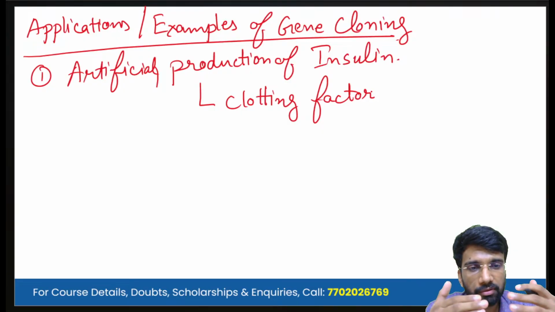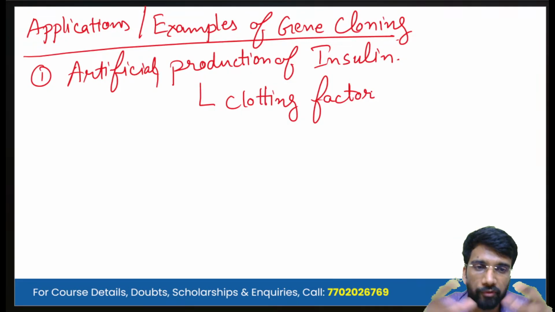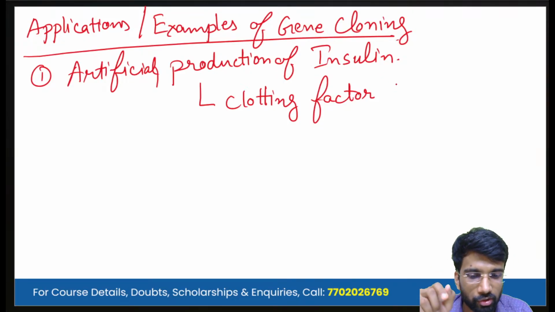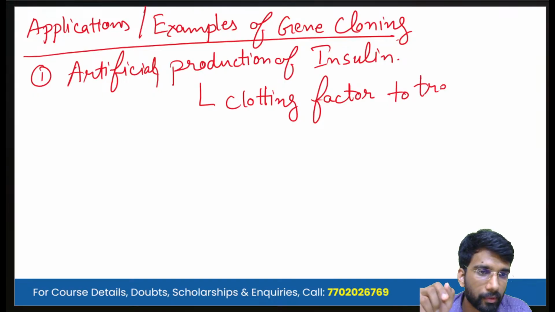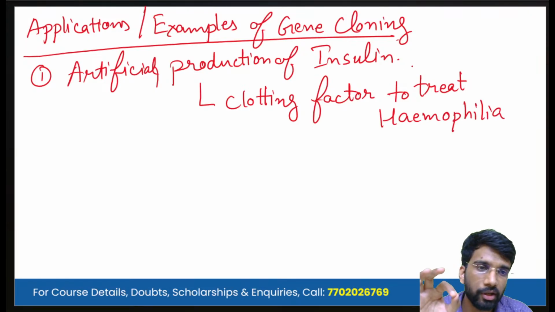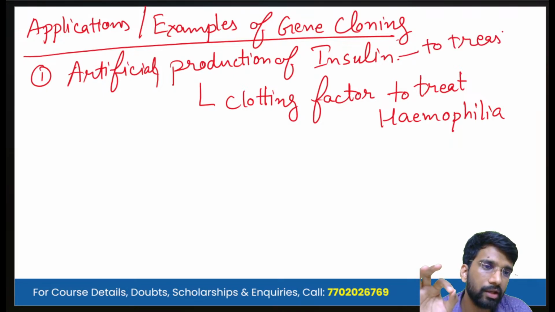Now, if these clotting factors are absent, then we have a disease known as hemophilia. So we can artificially produce the clotting factors to treat hemophilia, and the artificial production of insulin is to treat diabetes.